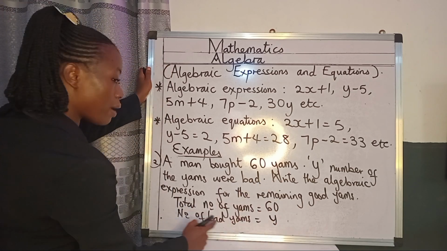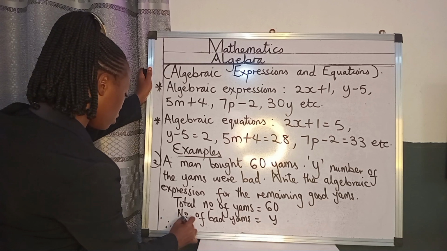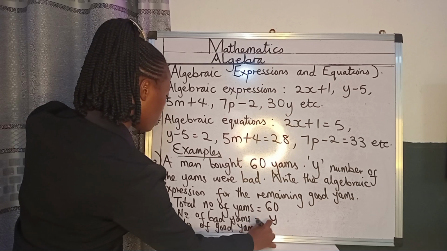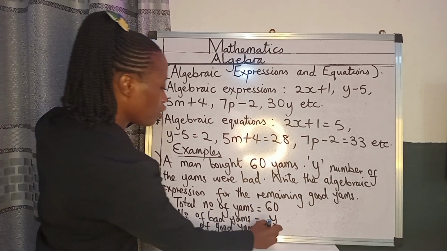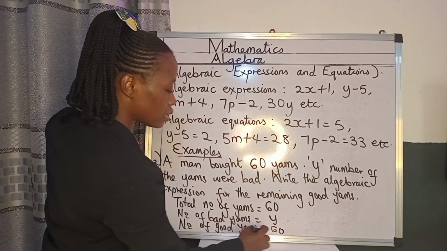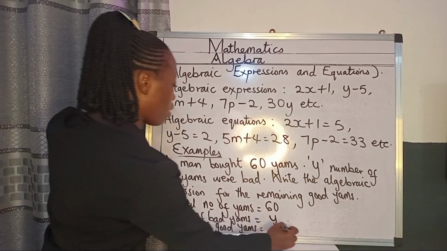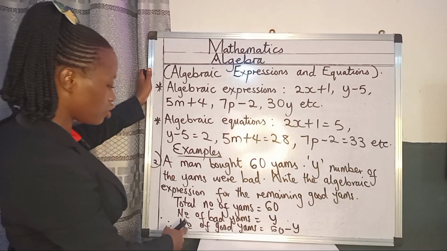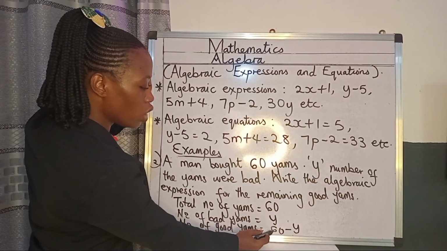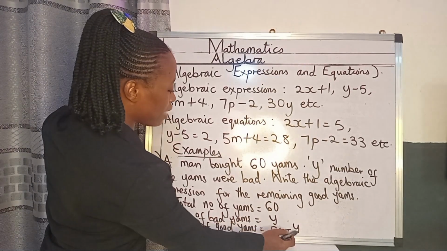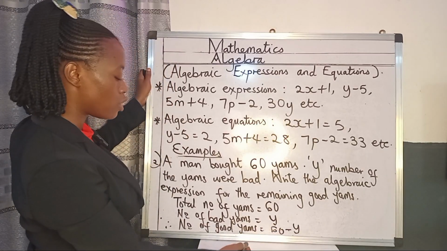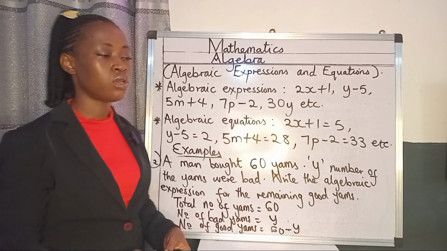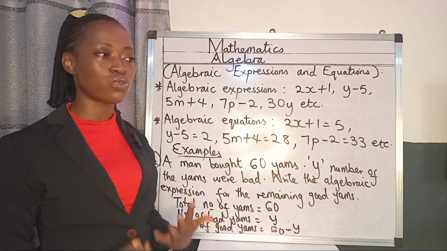Now, to get the number of good yams, it is going to be the total number of yams, which is 60, minus the number of bad yams. So the algebraic expression for the number of good yams is 60 minus y. So this is actually very, very simple to understand.